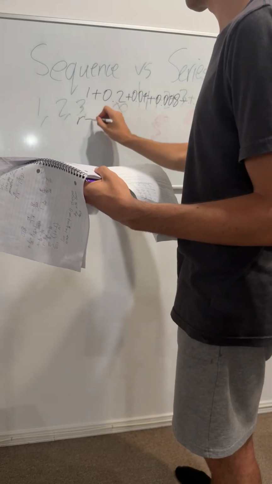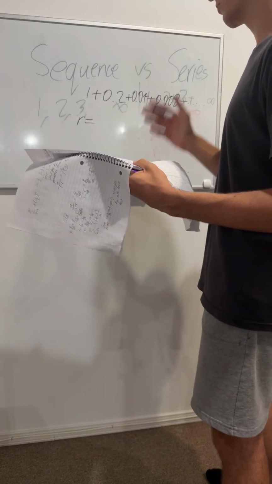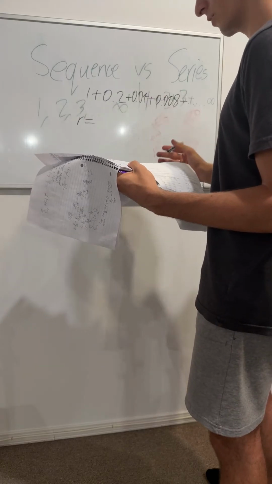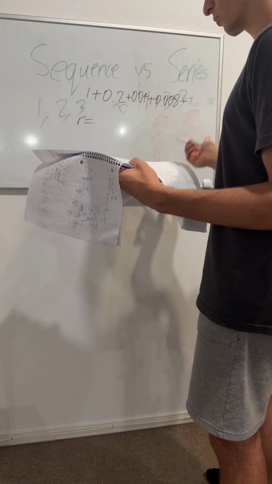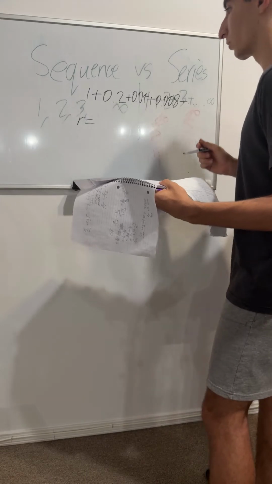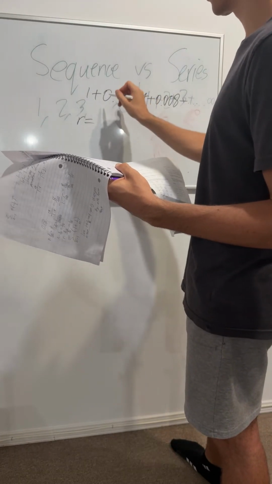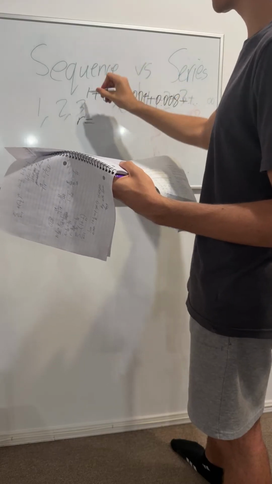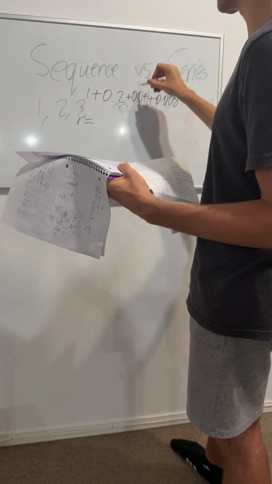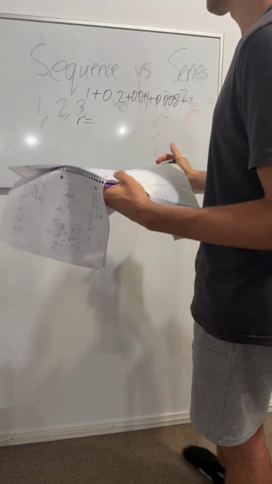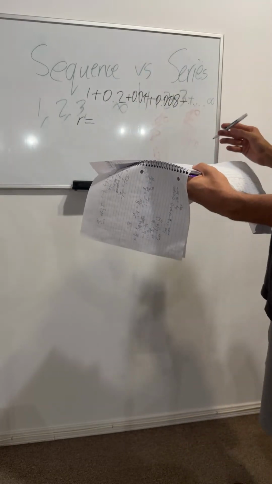Well, you have to find r. We're not really given this in the notation that we're used to. So what we have to do is find r by dividing the second term by the first, and also do the same for the third by the second term in this series.